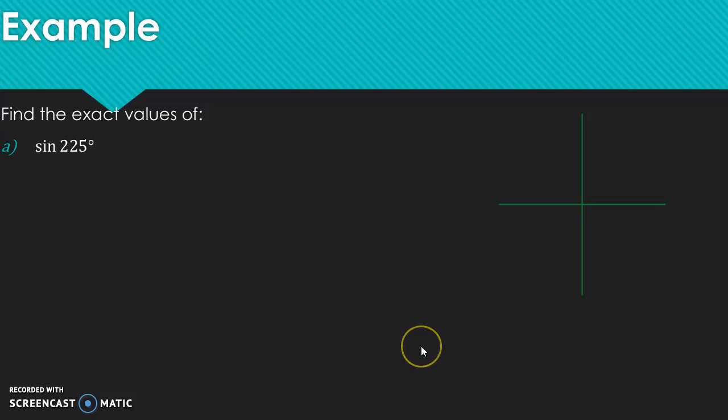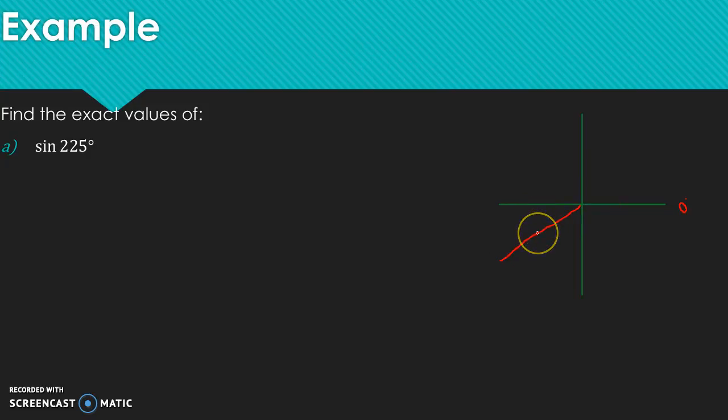So if we look at an example here, we want to find the exact value of sine 225 degrees. First start by putting in where that 225 degrees is. We start here at 0 degrees, working anti-clockwise around. That's 180, that's 270, so our 225 is going to be in here.